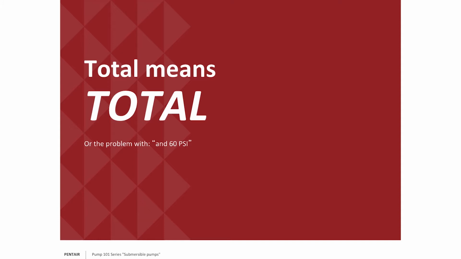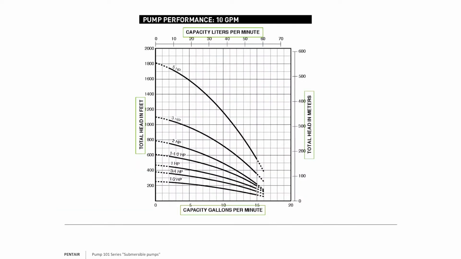And when we heard total dynamic head and, I need 60 psi, understand, if we're looking again at 10 gallons per minute, we draw that line at 10 gallons per minute. You said, I need 10 gallons per minute at 500 feet of head, and I need 60 psi. Well, that 500 feet of head, could that include 60 psi in the calculation?